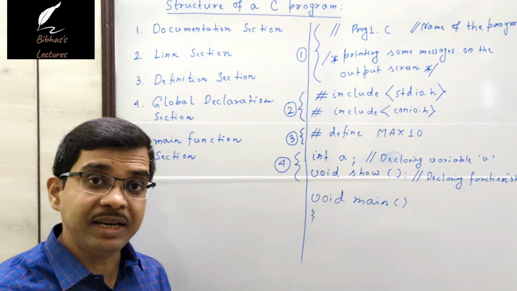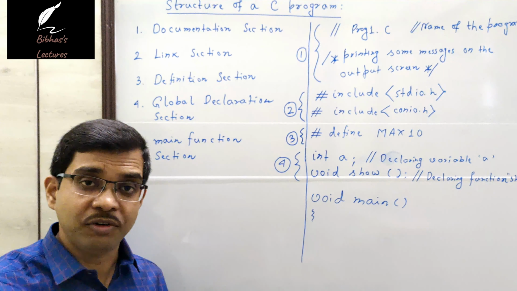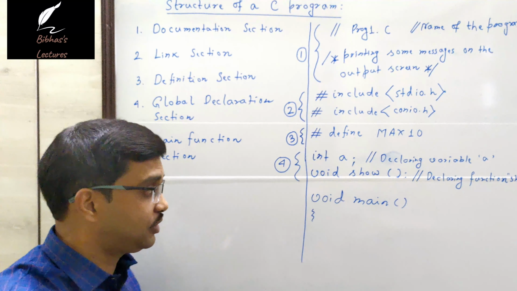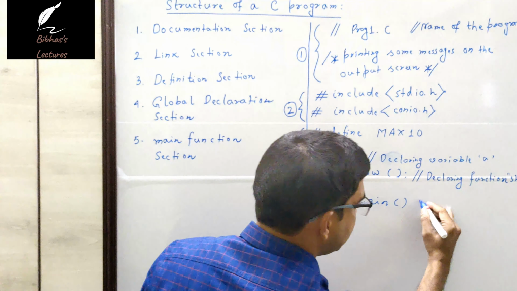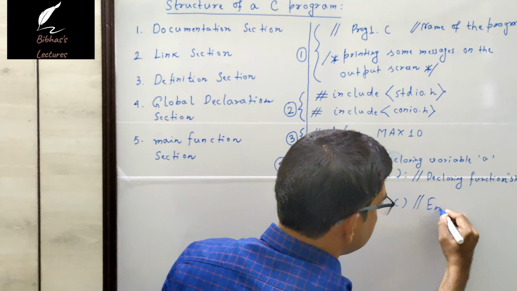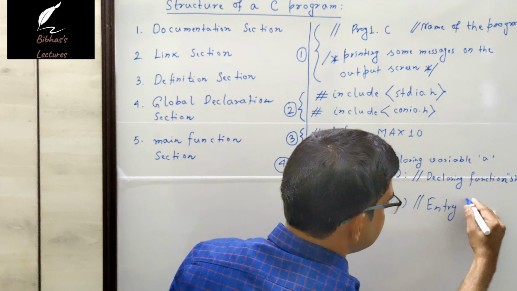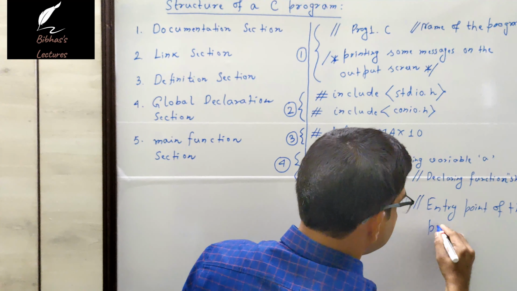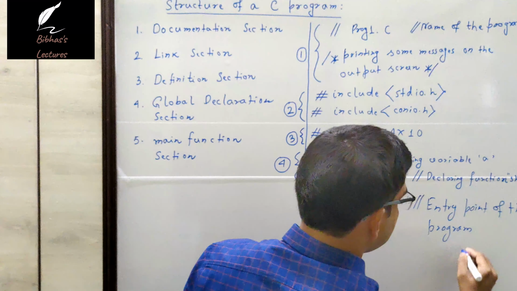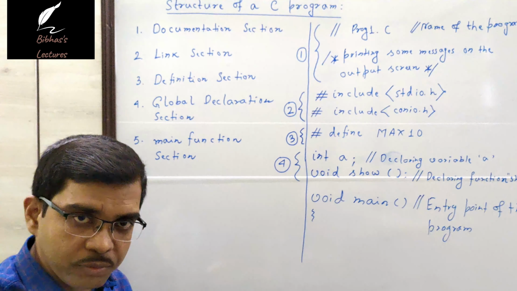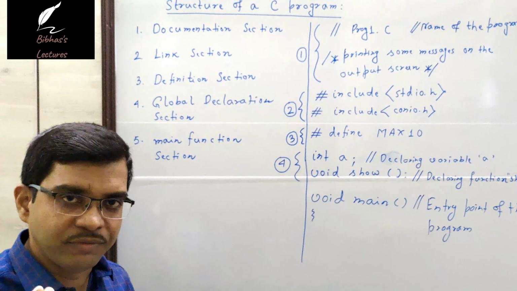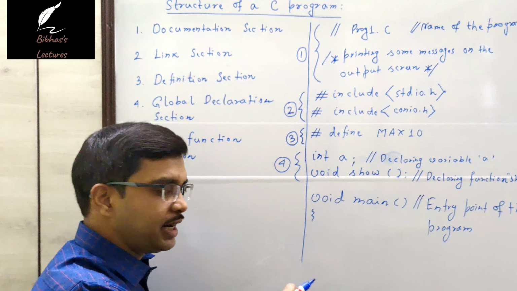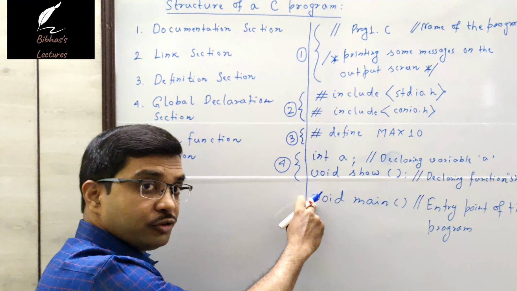Main is the function from where the program execution will start. This is called the entry point of the program. However big a program you have written, first it will find the main function, and wherever it finds it, from there the program execution will start.